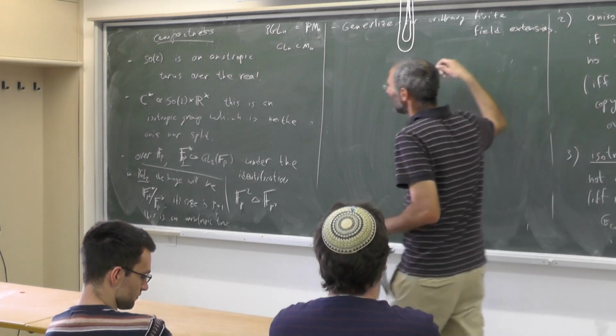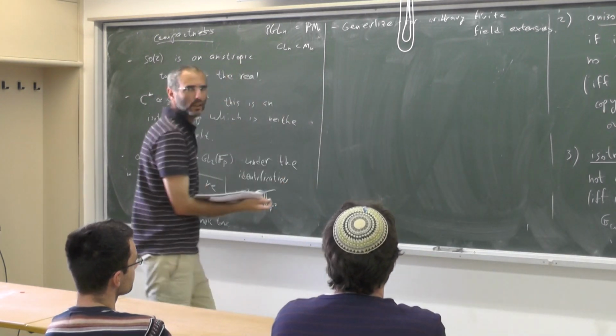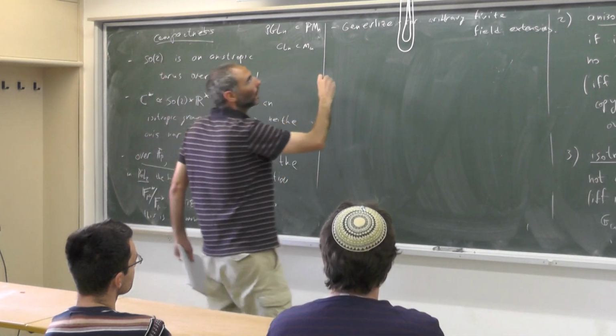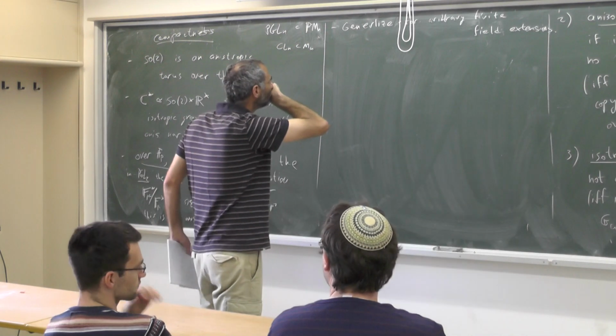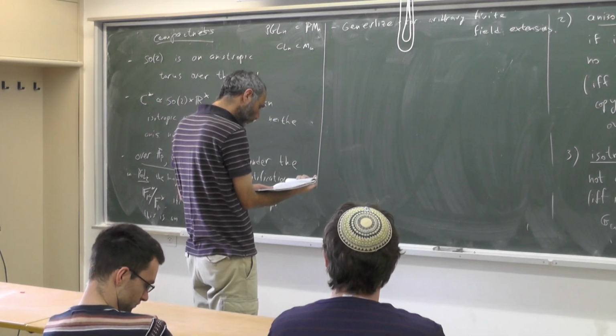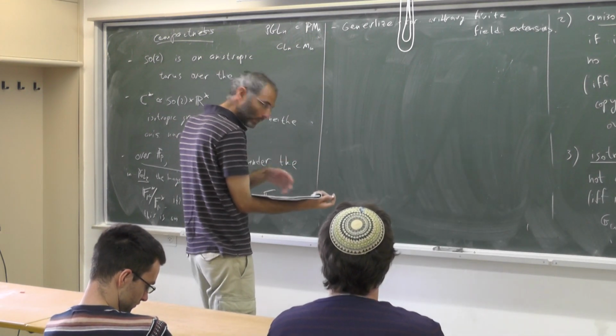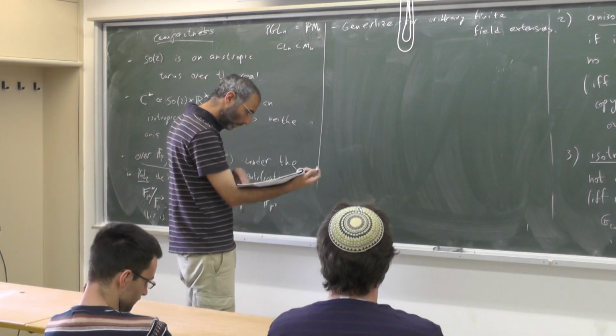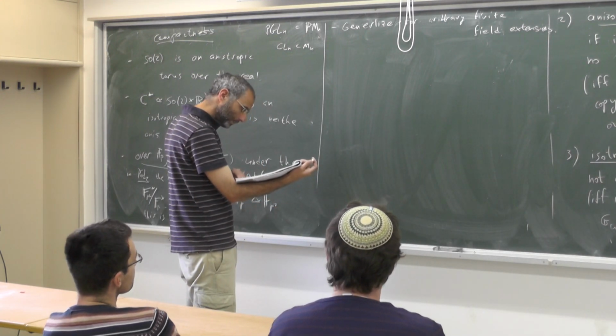GLN in case K was the center of D. Okay, then it has something you know very well from Brauer theory. What is it?